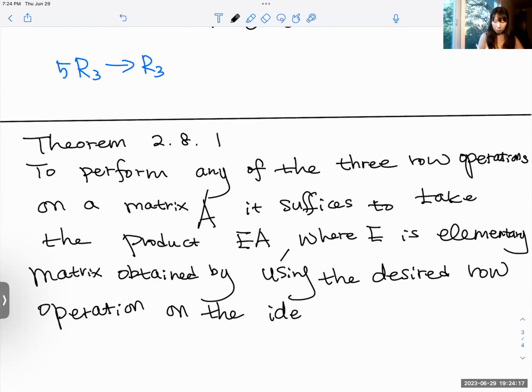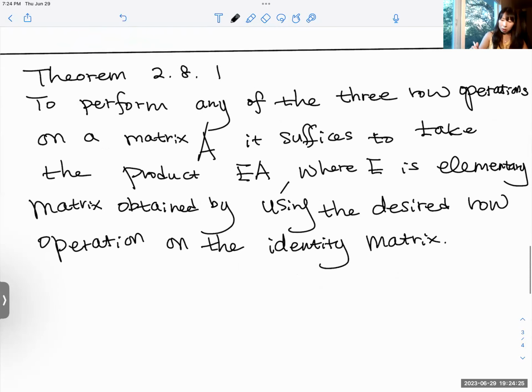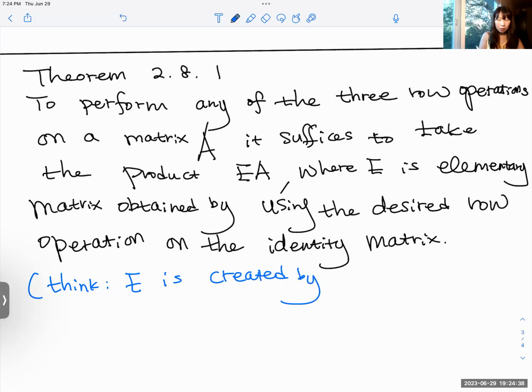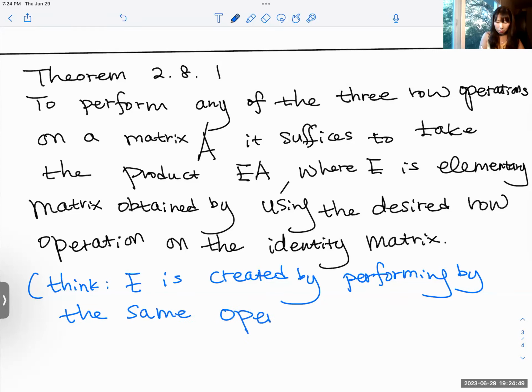On the identity matrix. Okay, that means the elementary matrix E is created by performing the same operation on the identity matrix, all right?